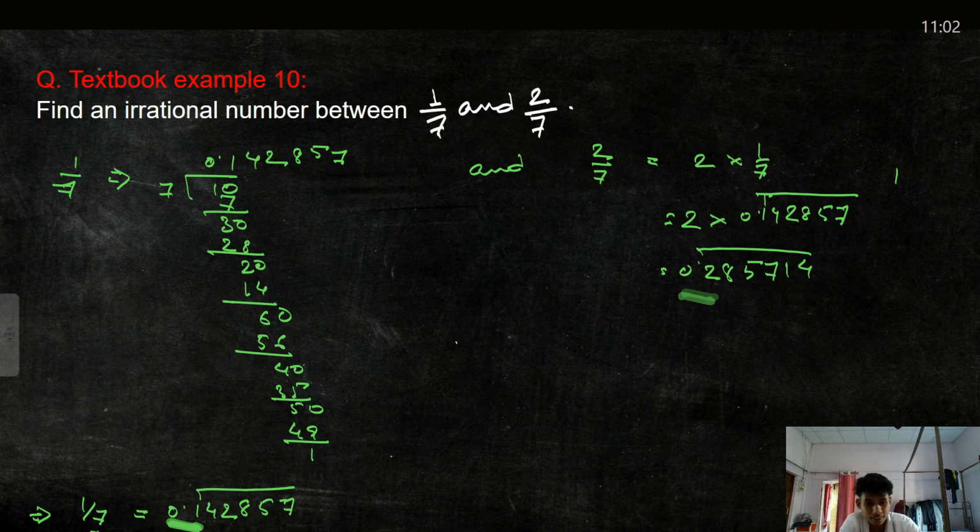Now, to find the irrational number, it should be between 0.1 and 0.2.